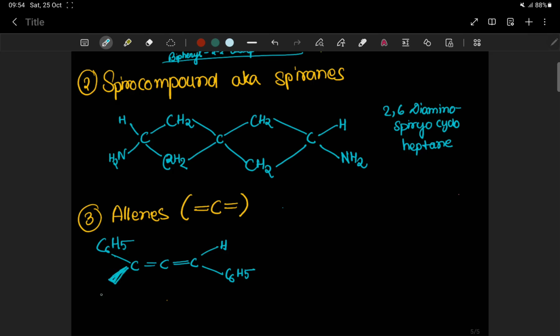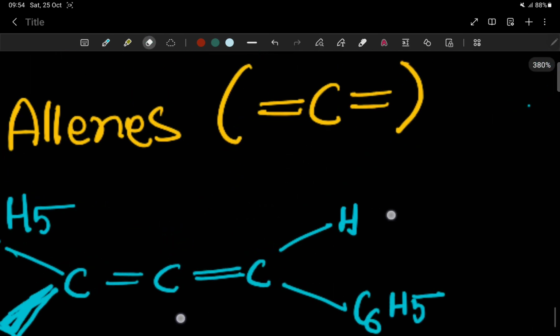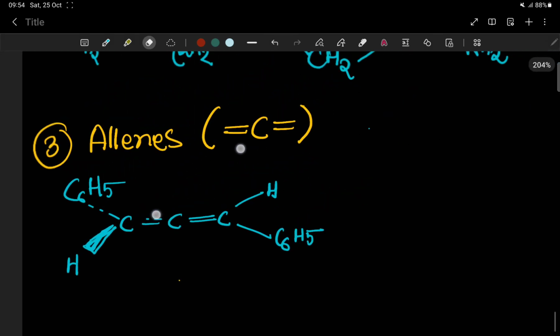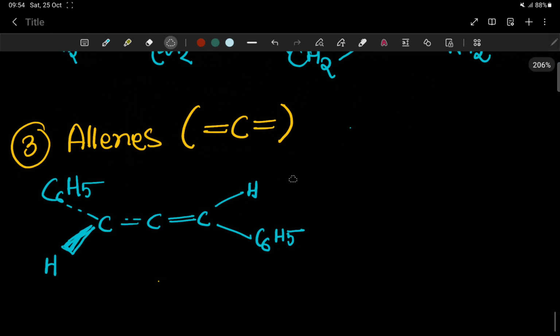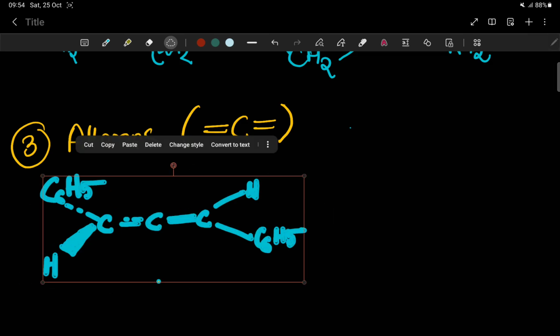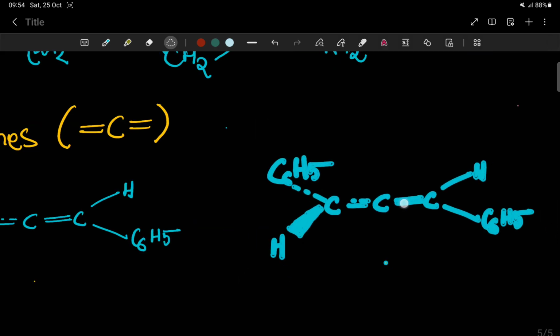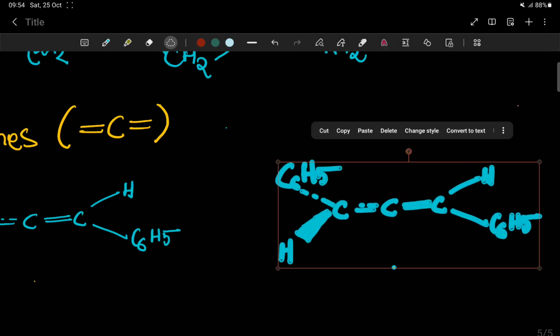You can see this is our H, this is in the downwards. Sorry, this is the form. I'm just going to create a mirror image of it. Okay, copy, paste. Fine.